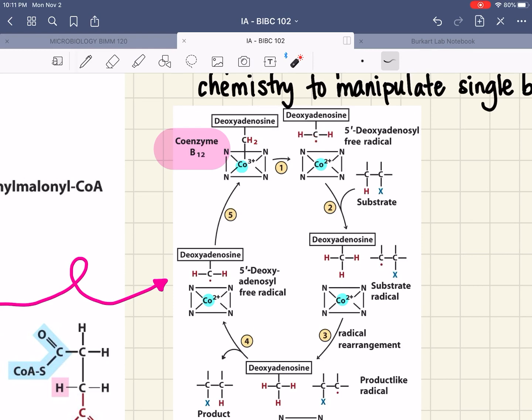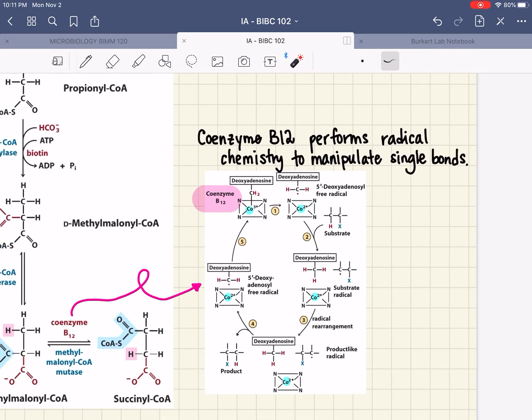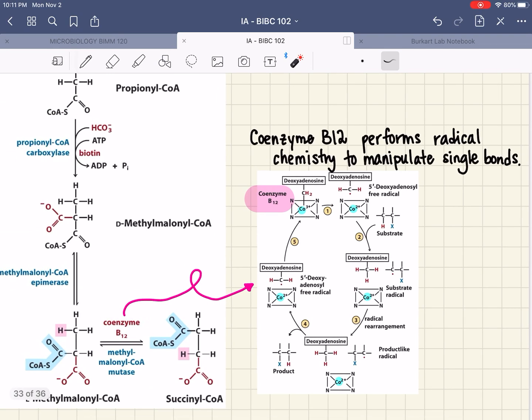And since a sigma bond is made out of 2 electrons, when a sigma bond is cleaved, you could be left with a radical. So what coenzyme B12 does is it uses radical chemistry to break and form sigma bonds and be able to move this group onto here.